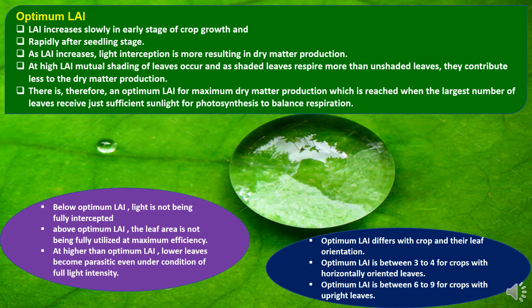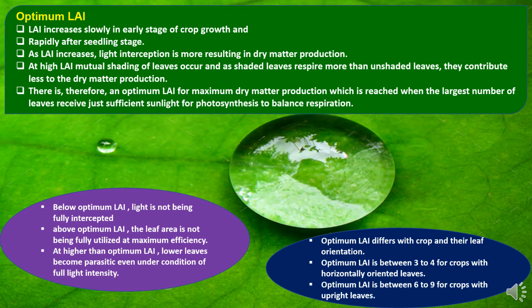Here to study optimum leaf area index. Leaf area index increases slowly in early stage of crop growth and rapidly after seedling stage. As leaf area index increases, light interception is more, resulting in dry matter production.